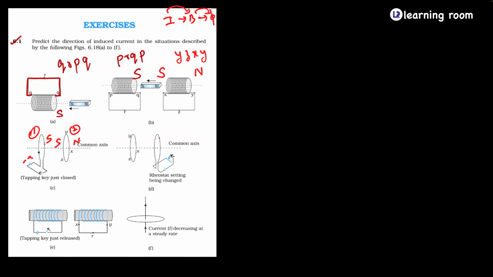So this side is north pole, which means current should flow in the anti-clockwise direction. What is the anti-clockwise direction here? YZ. That's the answer. It should be YZXY. Right?